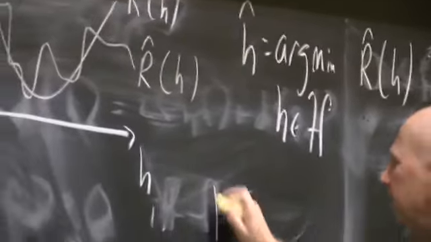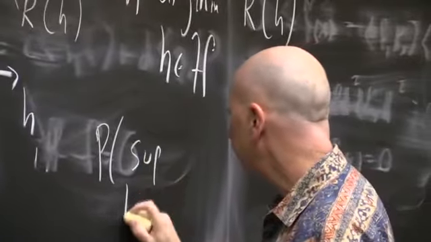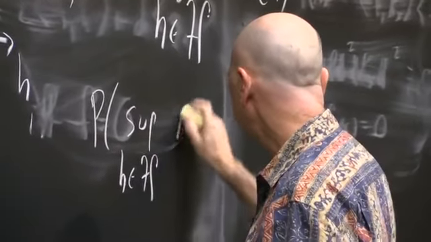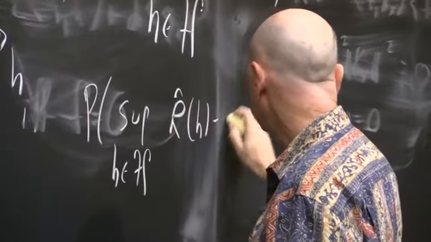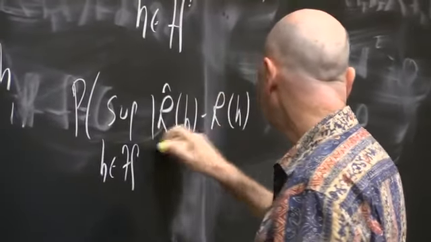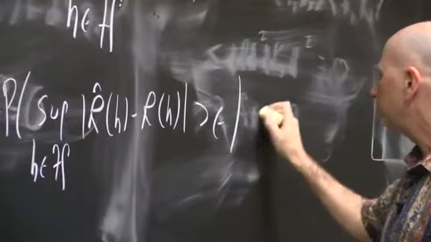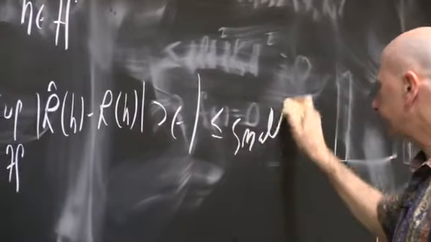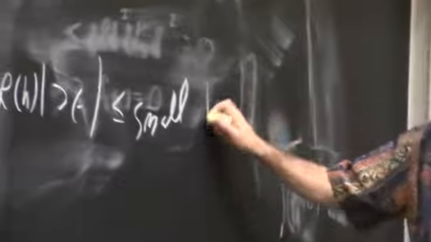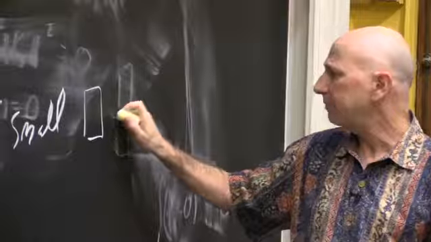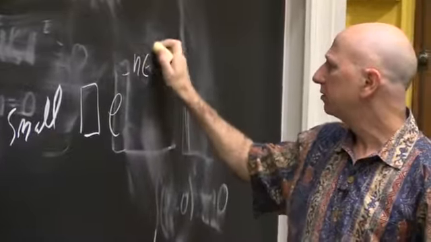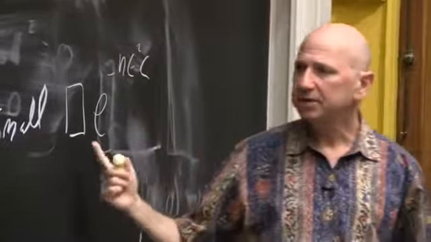So we wanted the probability that the sup be small. What we ended up with was some measure of complexity times something exponential. That's the Hoeffding part. But this is the price you pay for taking the maximum over a set of things. That's what we want to talk about in a little more detail.